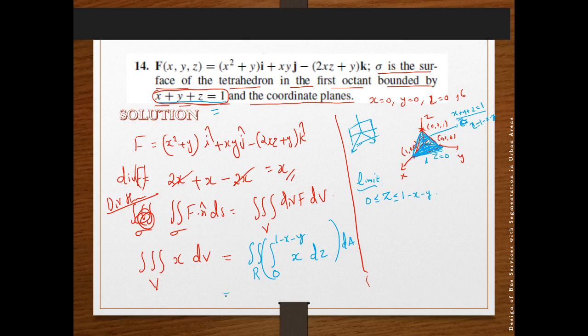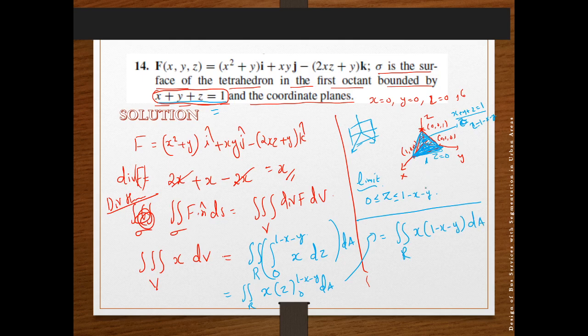So this is the double integral over R of x into z, evaluated from 0 to 1 minus x minus y, dA. So this is equal to the double integral over R of x into (1 minus x minus y) dA.